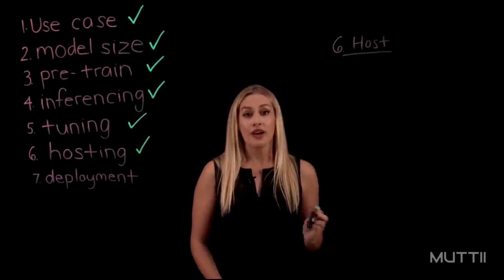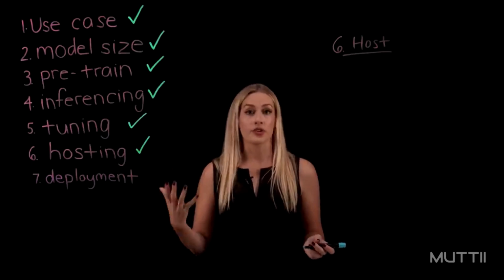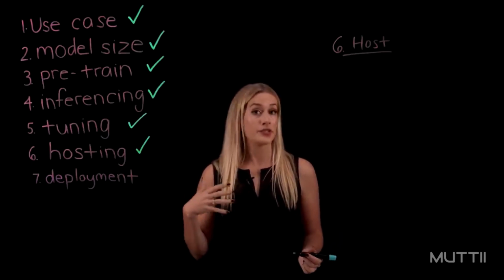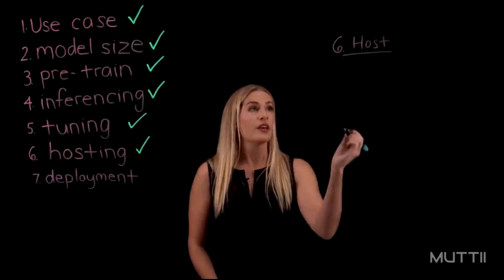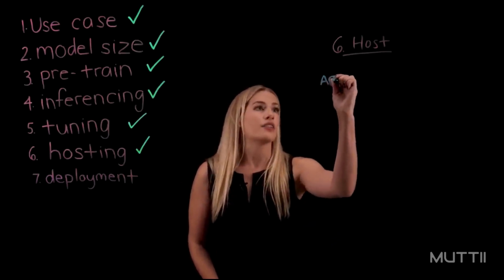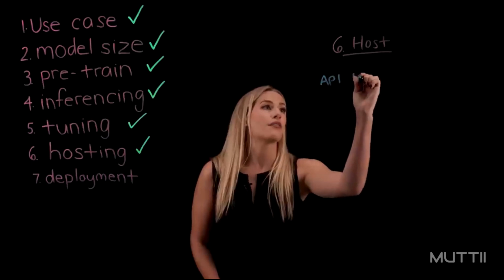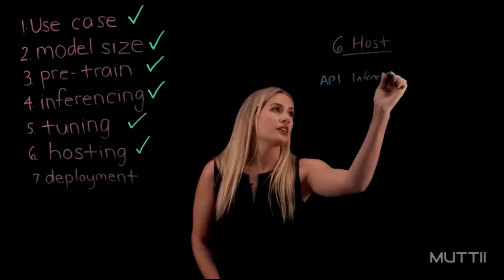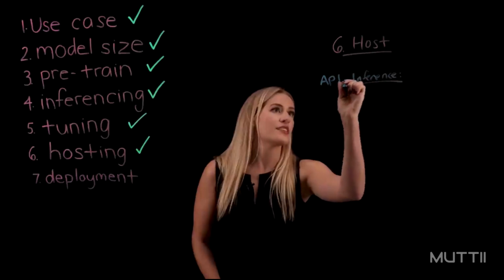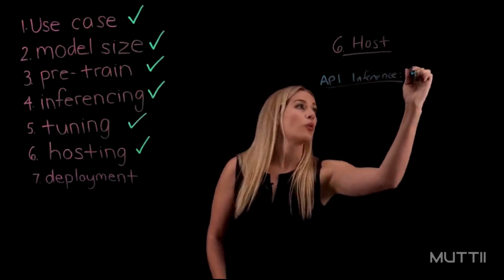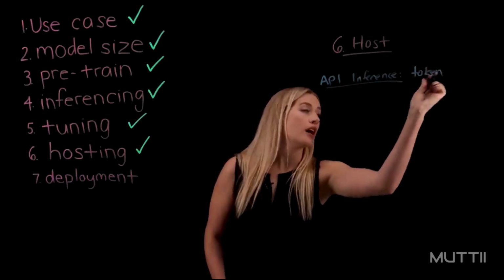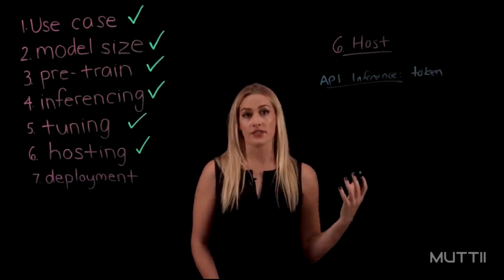So if you're not fine-tuning a model, and you're going to use some of those earlier methods we discussed where maybe you're using parameter-efficient fine-tuning or you're using prompt engineering, this is when you can go on and use an API for inferencing. And essentially, what this means is that you're going to stay consistent with those initial cost factors that we described with the token unit of driving price and cost and compute.